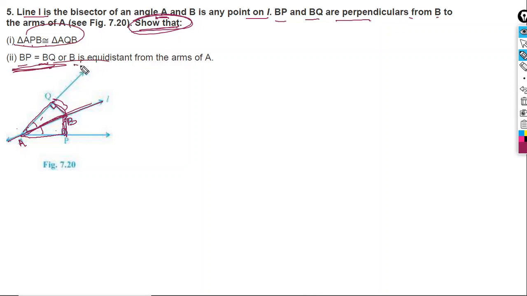Or B is equidistant from the arms of angle A. Same thing, BQ equal to BP. This is what we have to prove. So let's start.